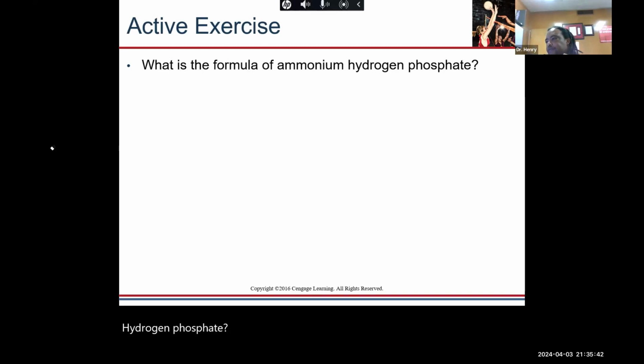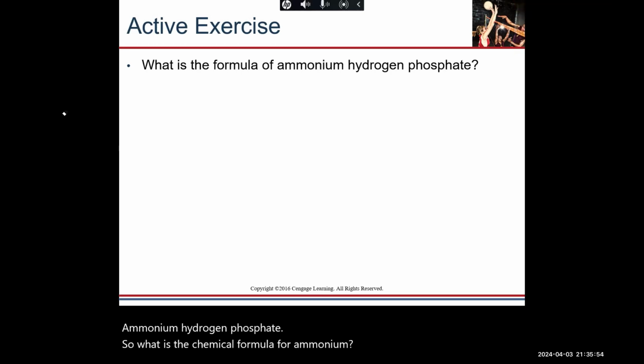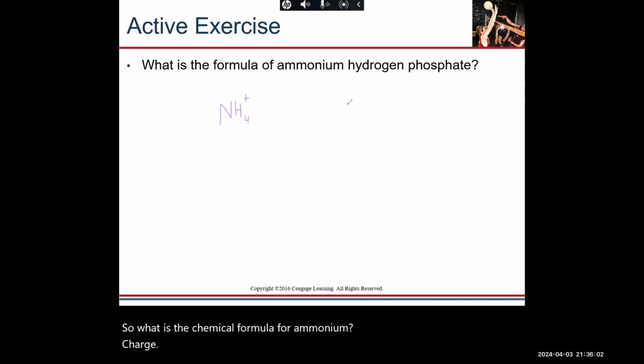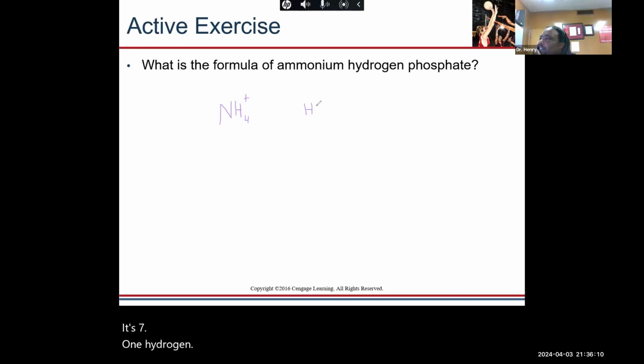Ammonium hydrogen phosphate. So what is the chemical formula for ammonium? NH4 with a positive charge. And then I have one hydrogen, and that is, I think it's negative 1. No, positive, because remember that hydrogen is going to come with phosphate.